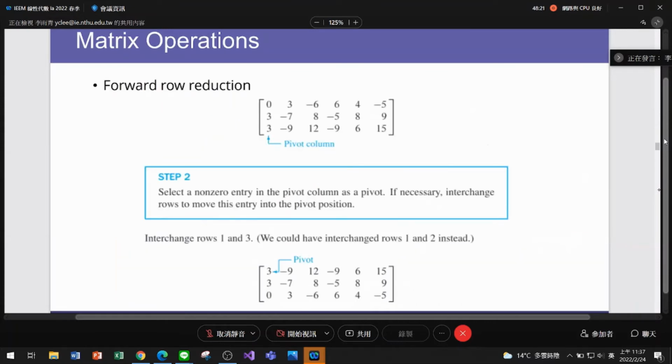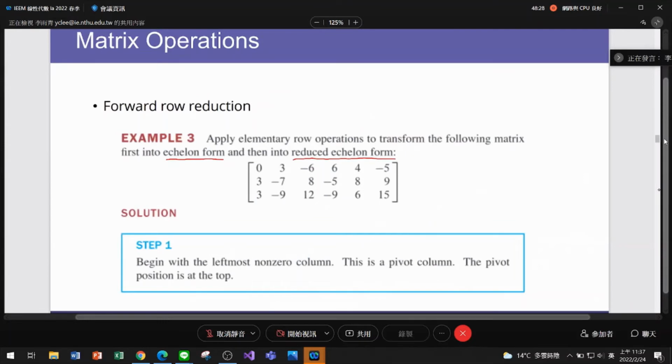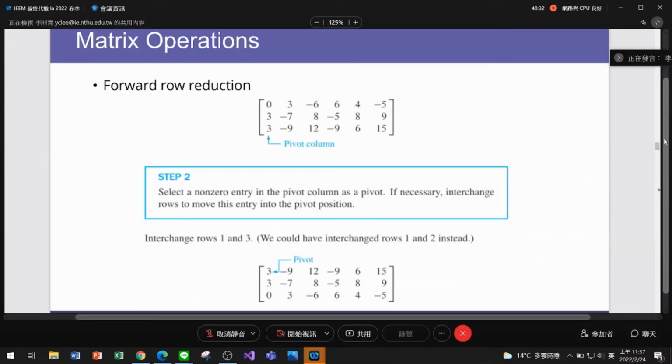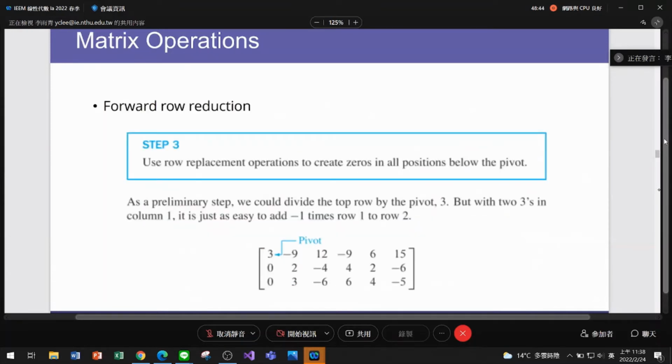After a few steps, because this corner is 0, the first step is to interchange row 1 and row 3, and then use 3 as the first pivot to cancel out the values below it. So now you see that we already obtained the 0, 0 below the pivot 3.